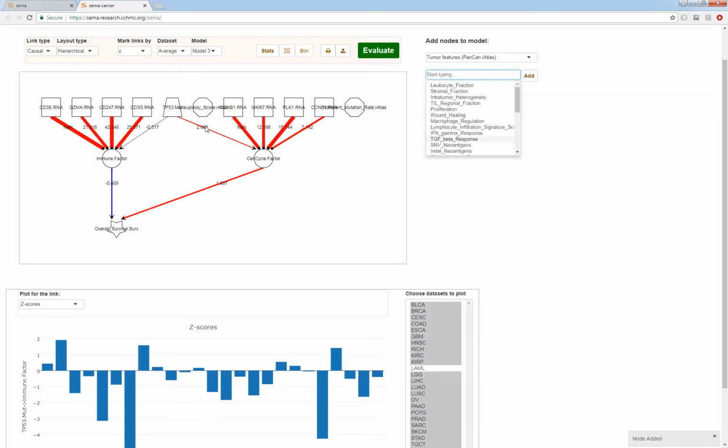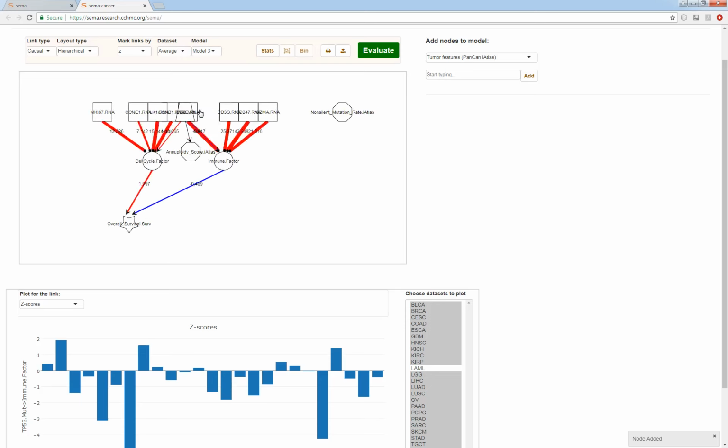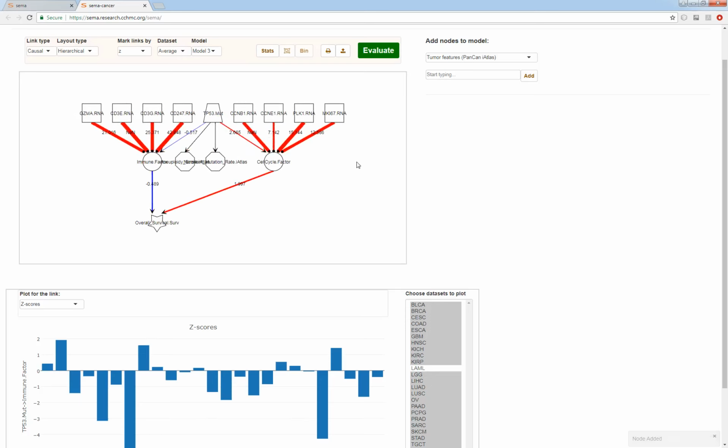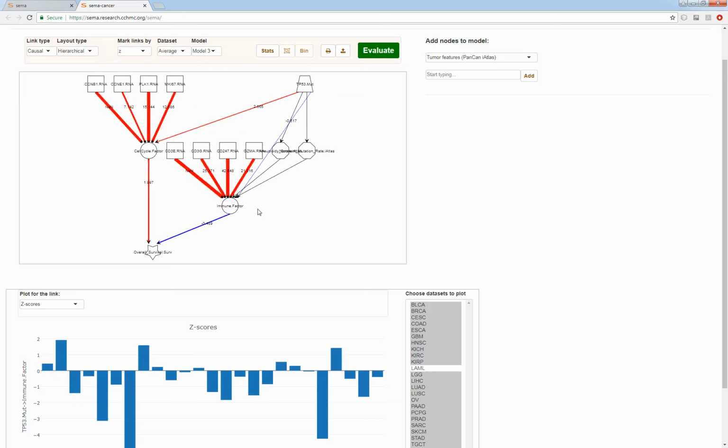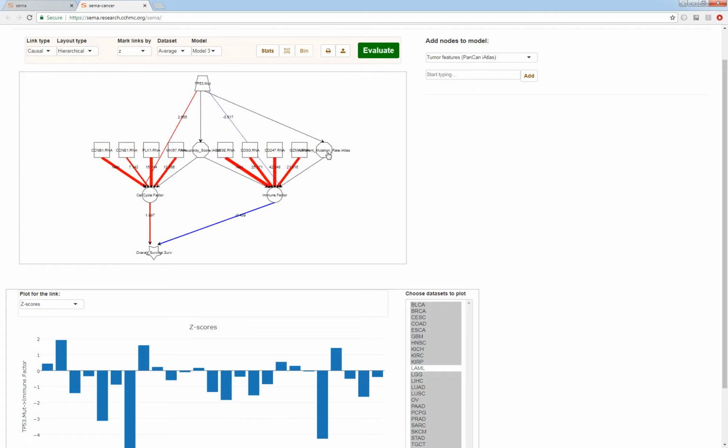We're going to put that in, and we're going to check first of all how p53 affects these, because we would expect p53 to affect these, and then in fact, let's check how they also affect cell cycle.